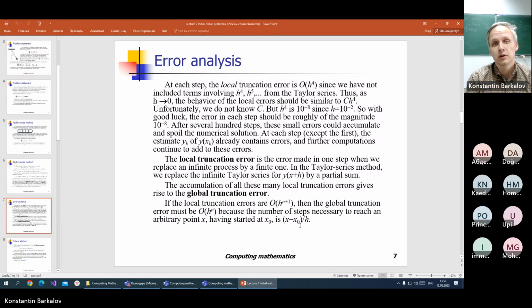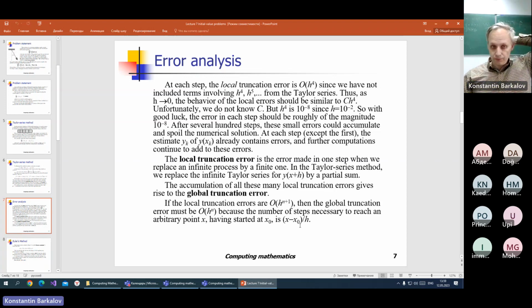Unfortunately, we do not know the constant c, but we know that this term equals c times h to the power 4. If h equals 10 to the power minus 2, h to the power 4 will be 10 to the power minus 8.